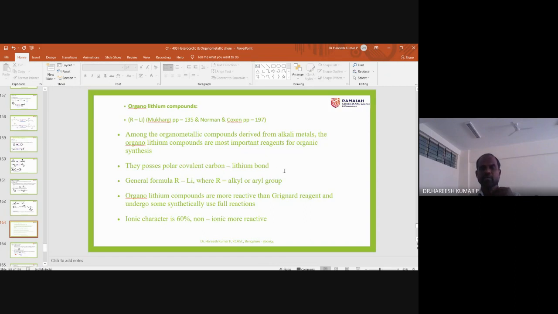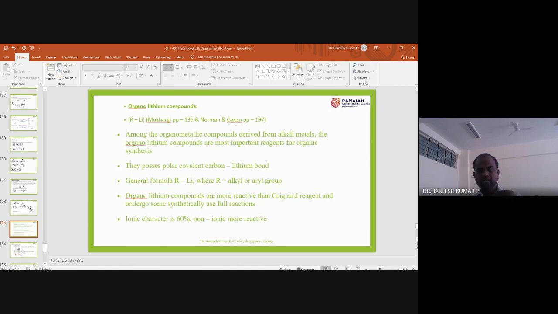That means polar nature, C minus, Li plus, but it is covalent in nature, not completely ionic. The general formula is R lithium, where R may be an alkyl group, such as methyl, ethyl, propyl, butyl, meaning saturated carbon atoms, or an aryl group, meaning aromatic-containing compounds. If it is aryl, we say aryl lithium; if it is alkyl, alkyl lithium.